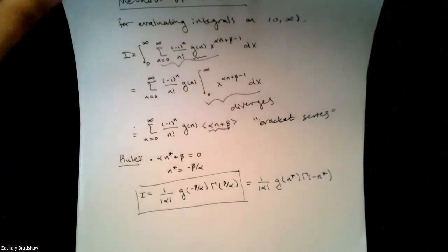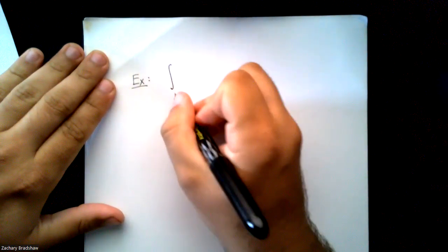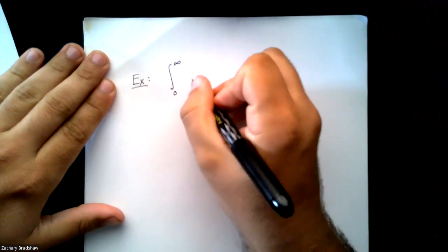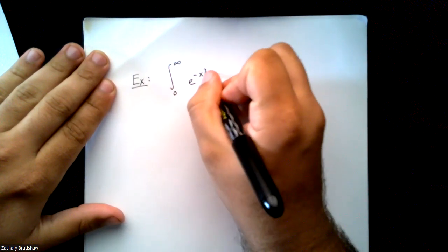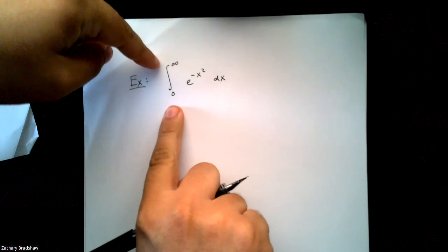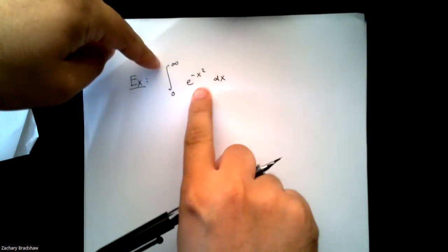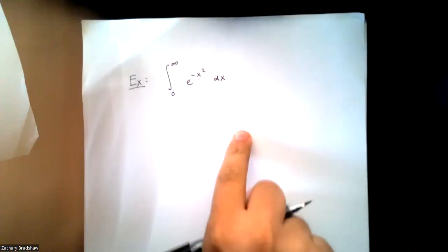Okay, so here's an example. Every mathematician should know several ways to evaluate the Gaussian integral. We could do the integral from minus infinity to infinity, because this function is even, and so that would be the same thing as 2 times the integral I have written here.